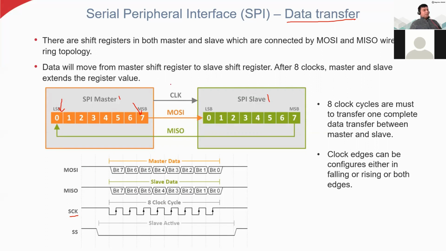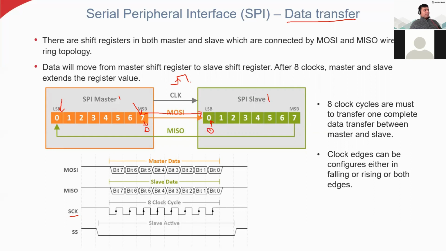So in the first clock cycle, I transfer the MSB. It's a serial data transfer. Then it will come to this LSB, bit 0.